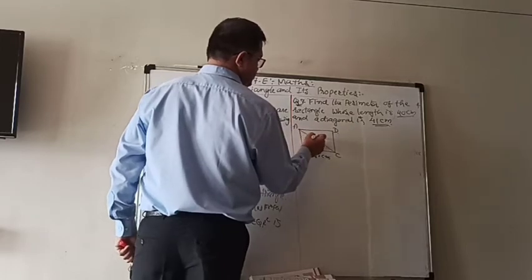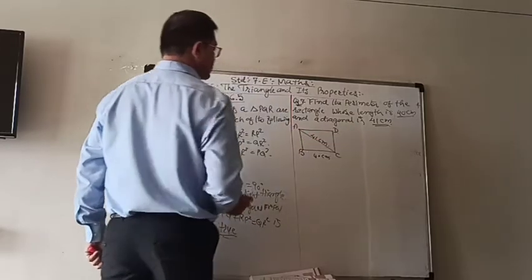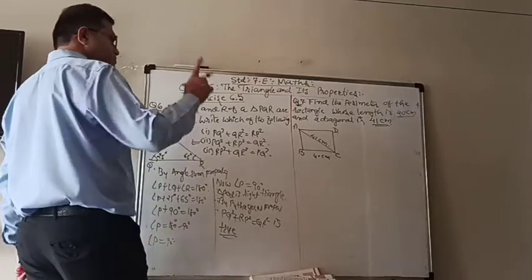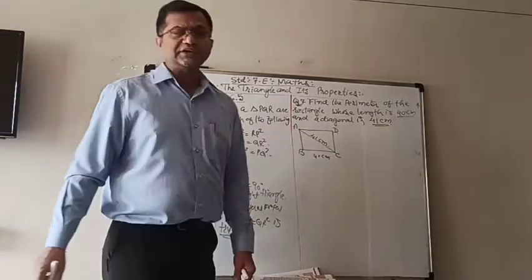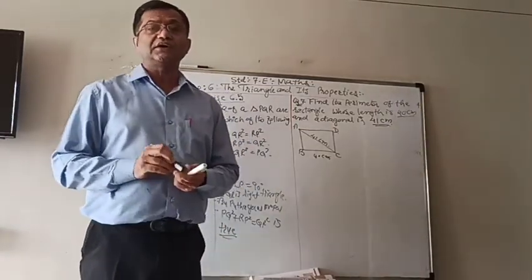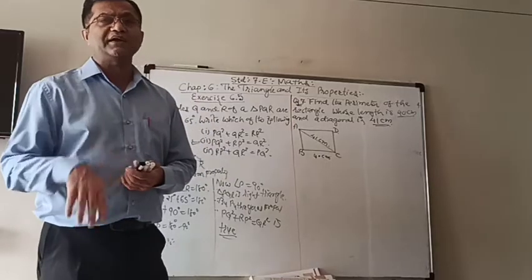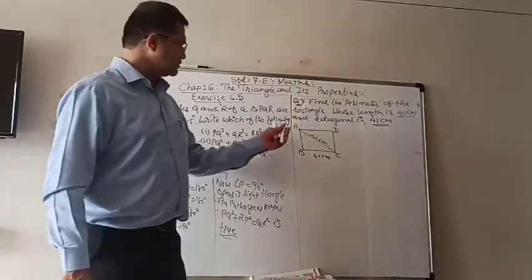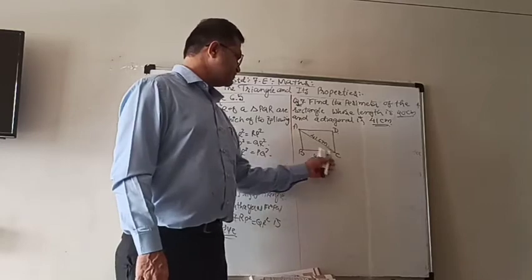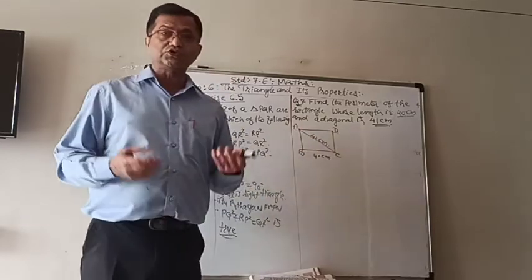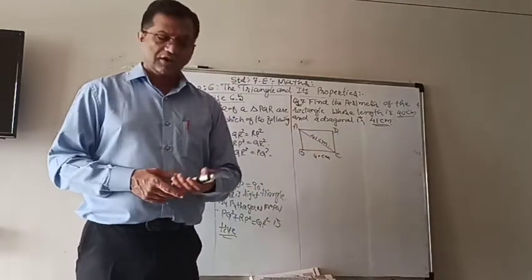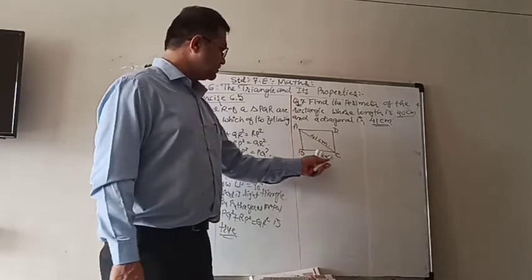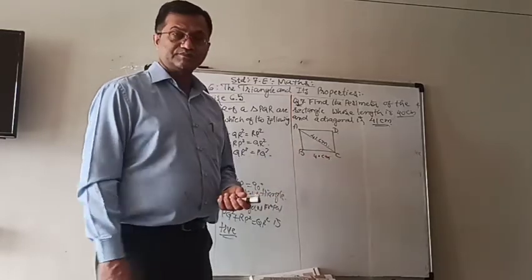Diagonal is 41 centimeter. Now what is the perimeter? Perimeter means all the sides should be added. It means AB plus BC plus CD plus DA or 2 times L plus B. Here length is given but we don't have breadth.